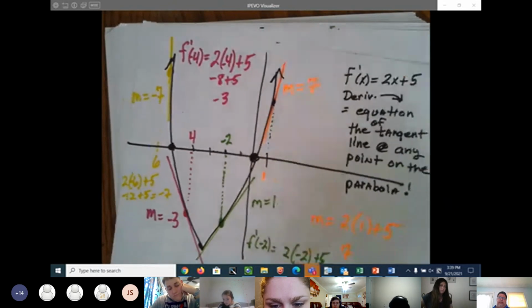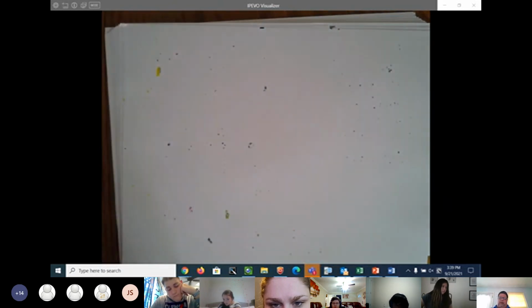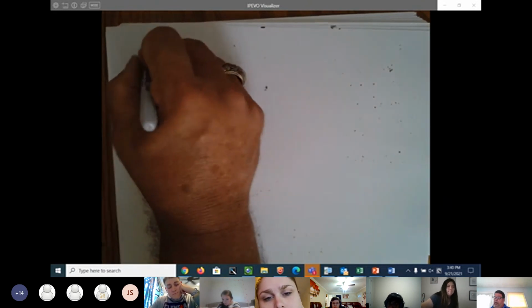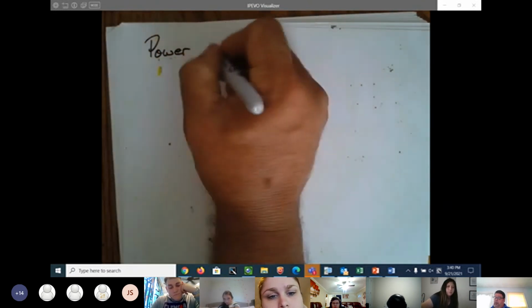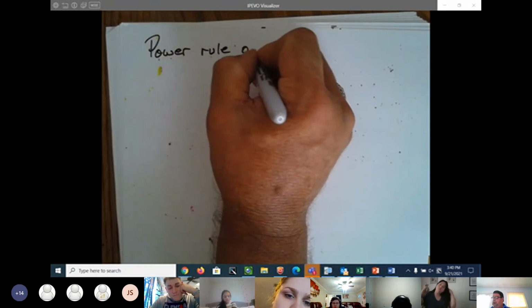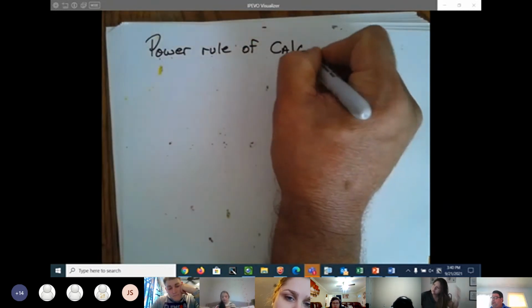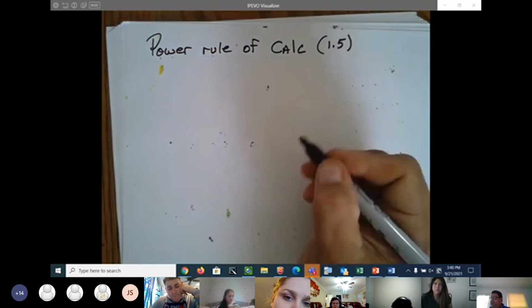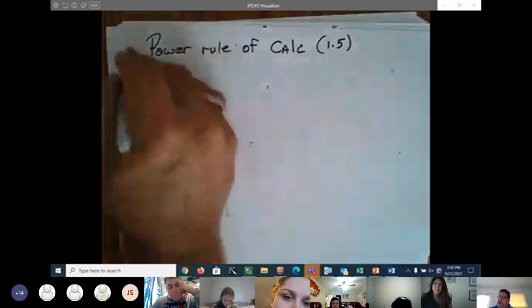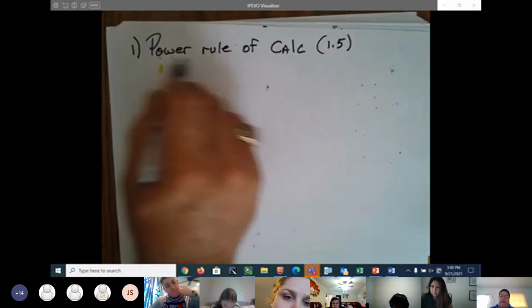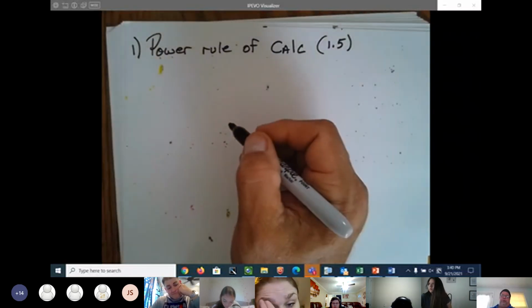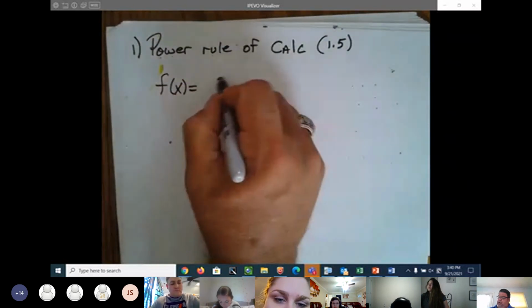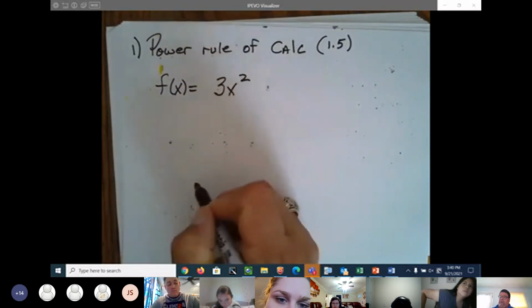Now, just to finish class up and show you where we're heading, the power rule of calculus. This is 1.5. This is the basic rule of calculus right here. F of x is equal to 3x squared.